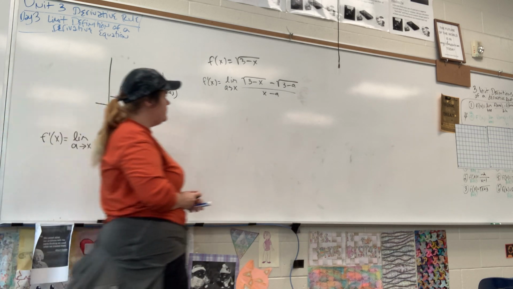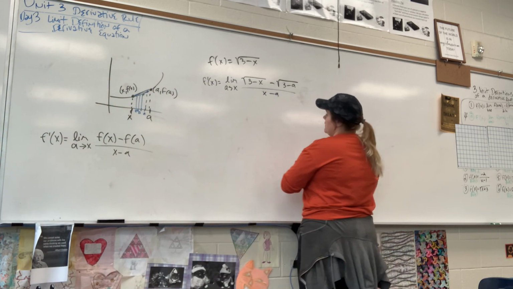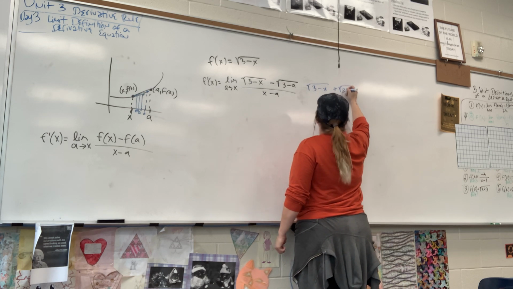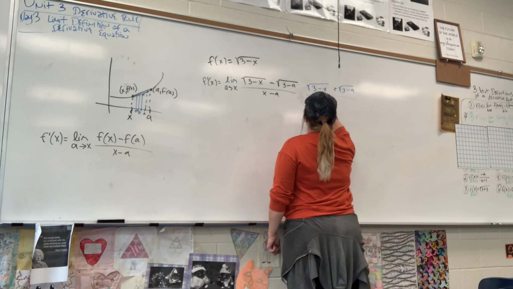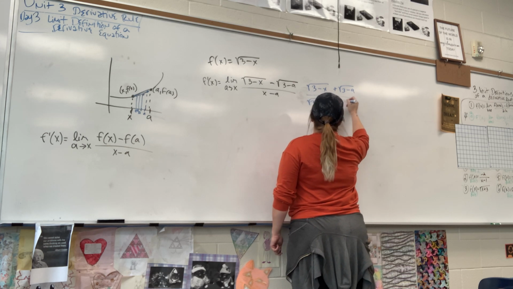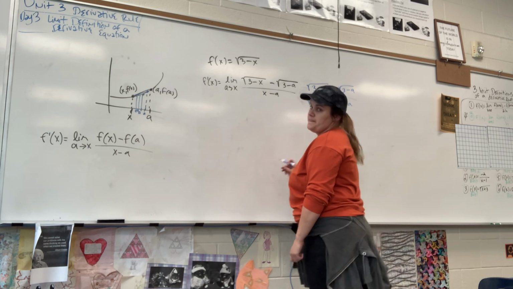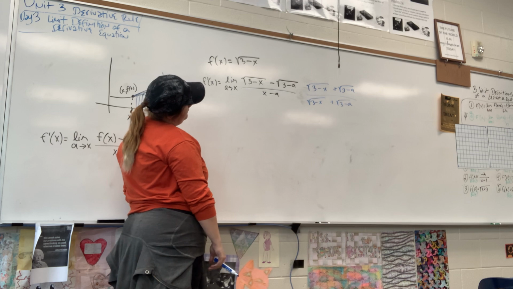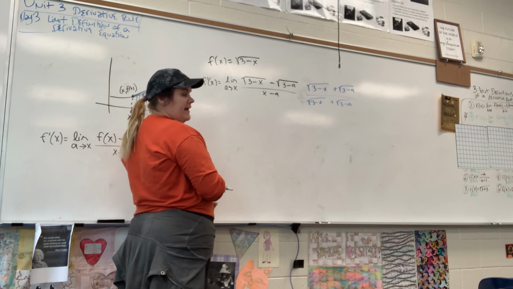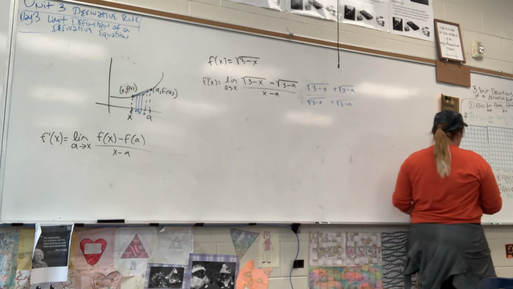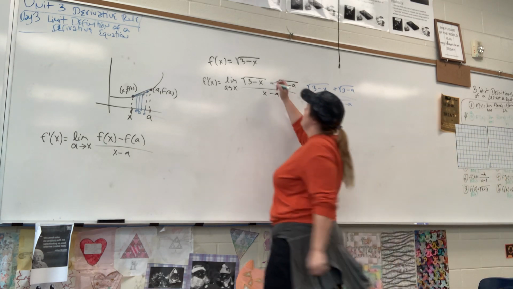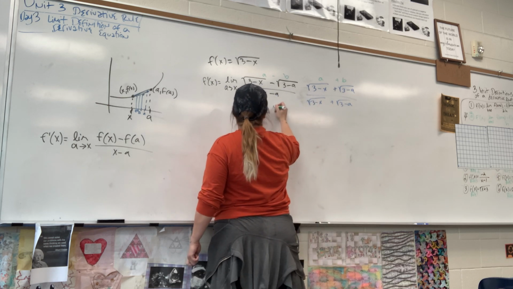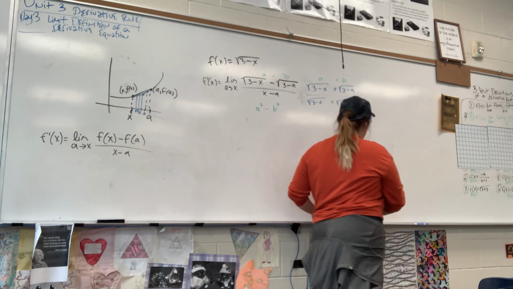Okay, so now when I multiply by my conjugate, this is still my a minus b and my a plus b, so I'm still looking for my a squared minus b squared.